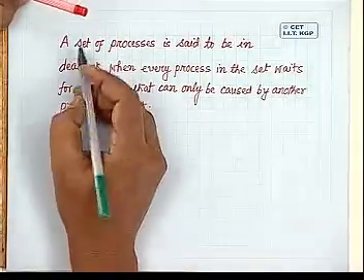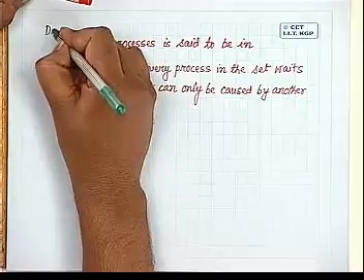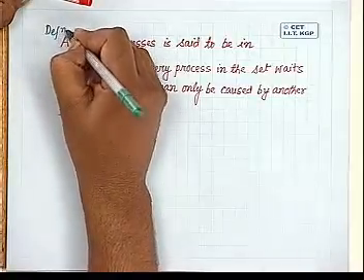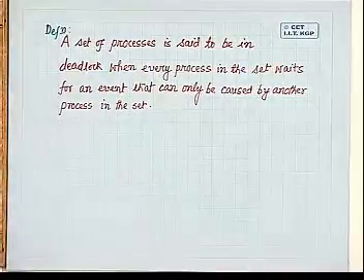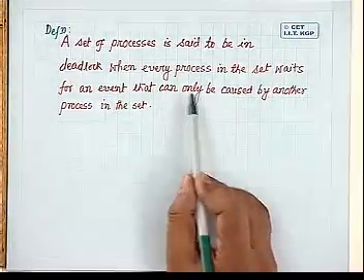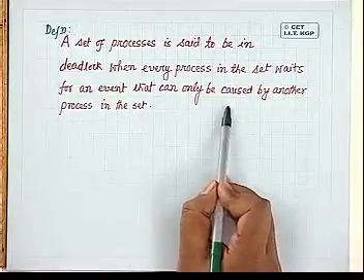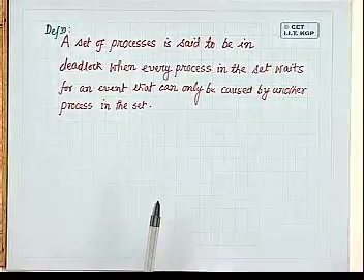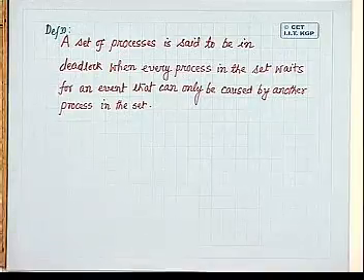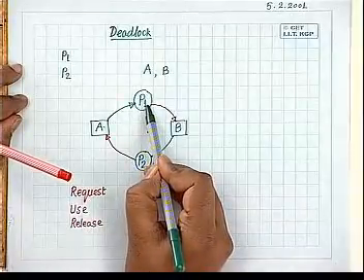So this is the deadlock definition. A set of processes is said to be in deadlock when every process in the set waits for an event that can only be caused by another process in the set. So in this case, what is the event? Let us come to this. P1 is waiting for an event.